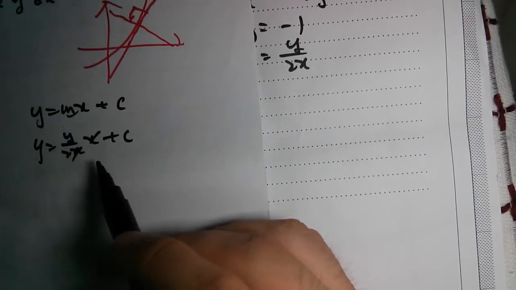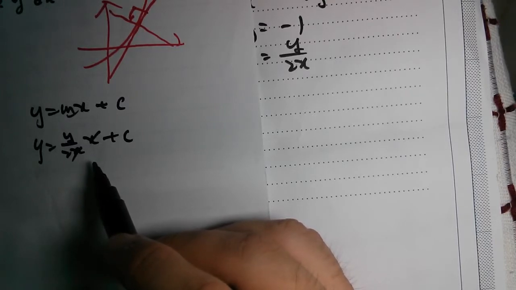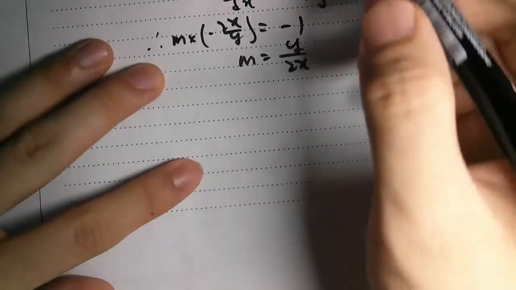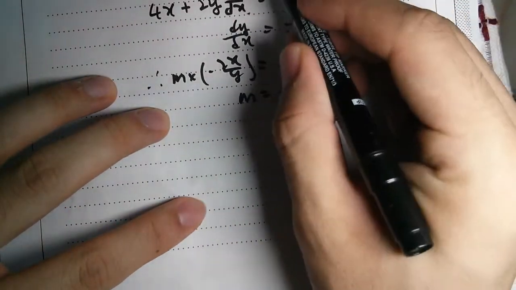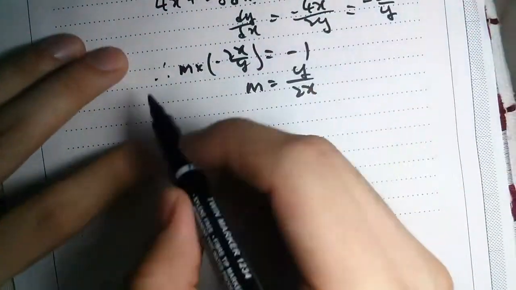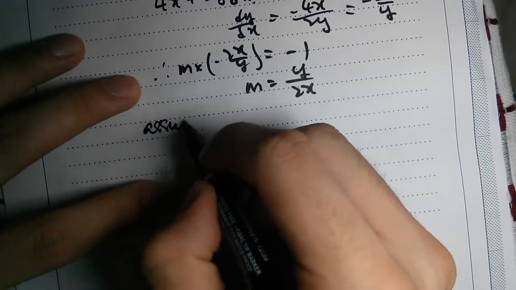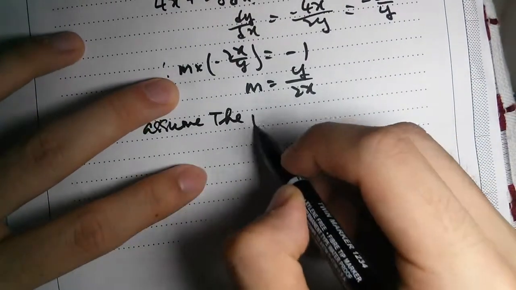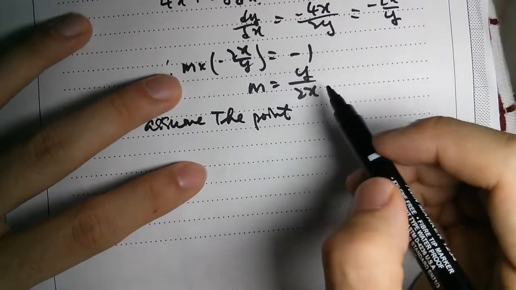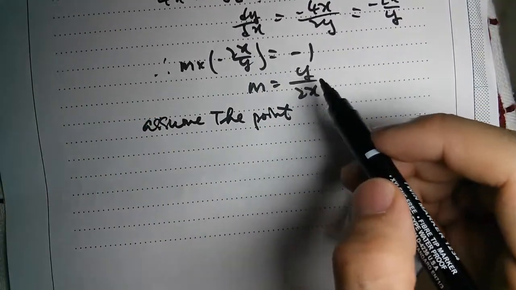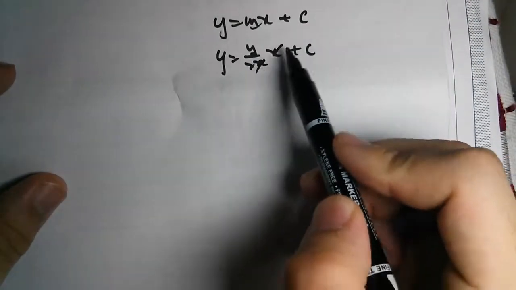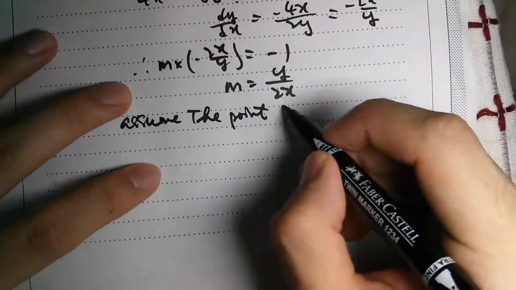This is the second place where you may make a mistake and get stuck with no way to go. Actually, you have to assume this point to be something else, because you can't keep using x and y, otherwise you would cancel the x. So assume the point to be, say, (a, b).